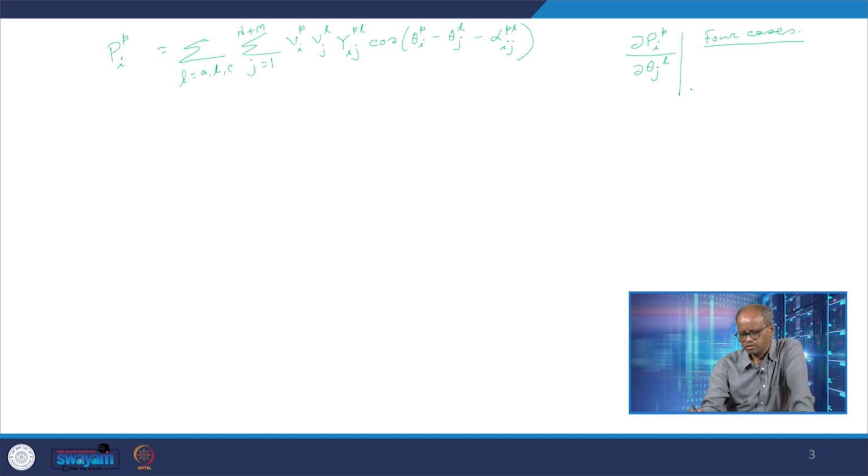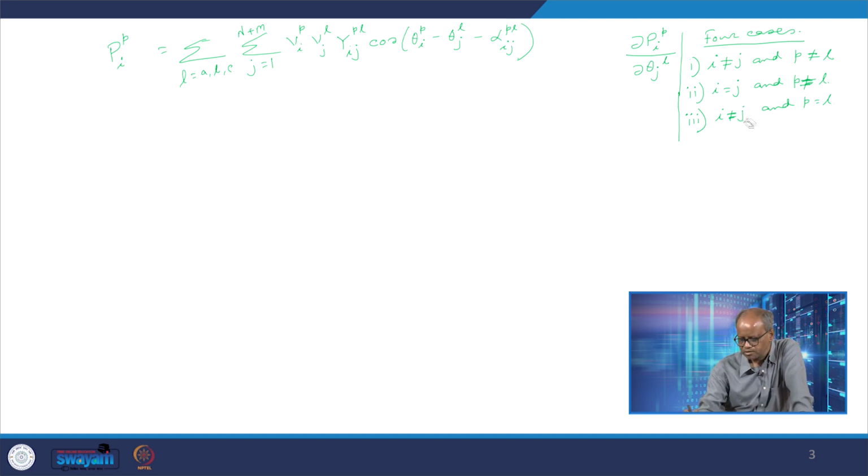One case is that I is not equal to J and P is not equal to L. Case 2 is when I is equal to J, for example del P3A, and P is not equal to L. Case 3, it could be that I is not equal to J and P is equal to L.